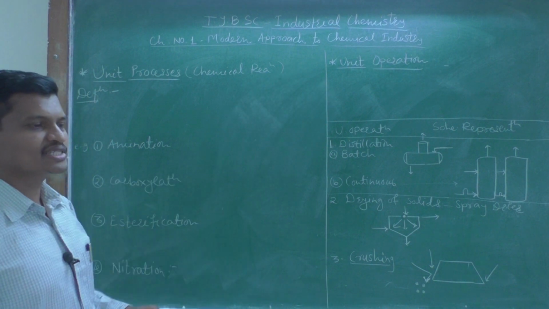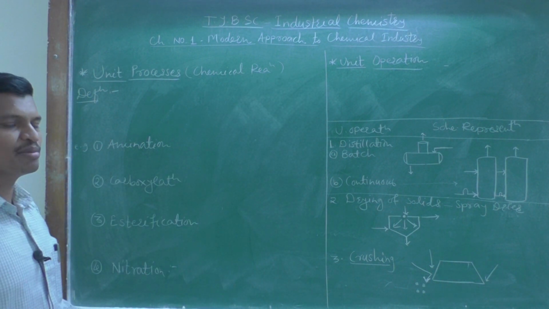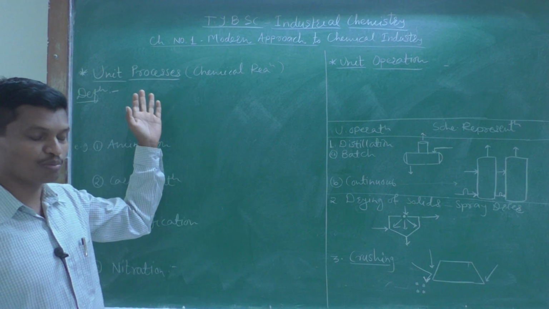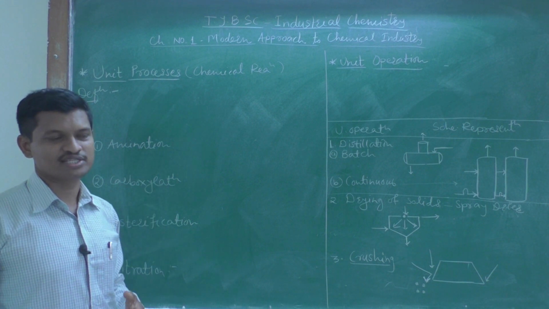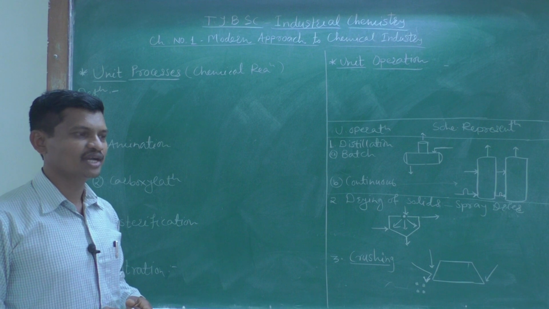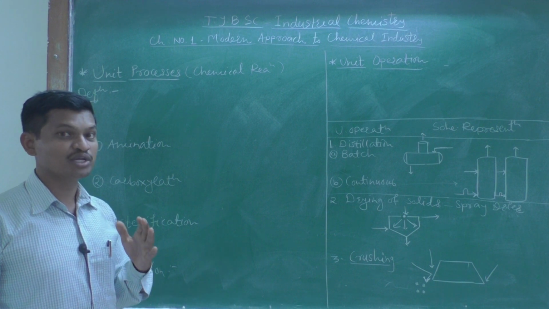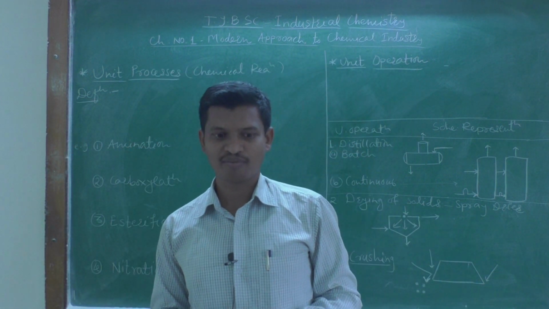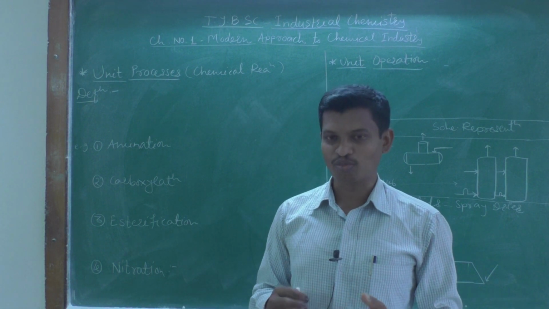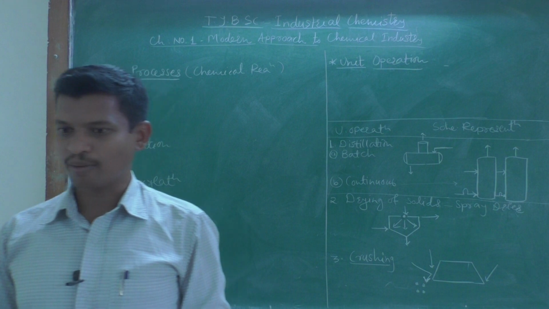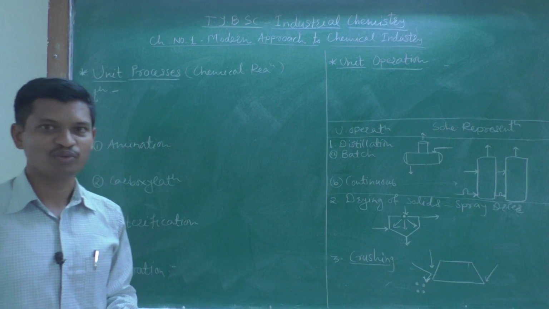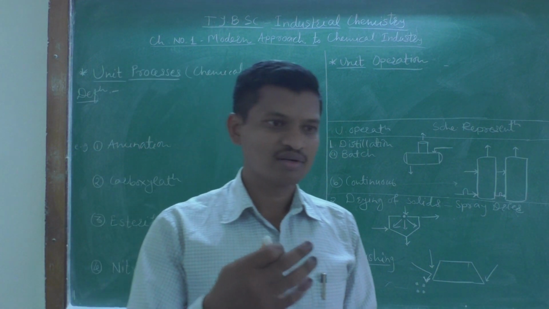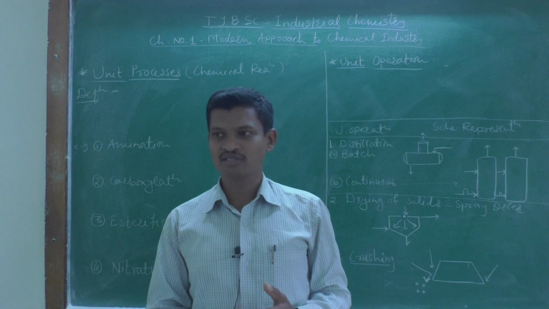Okay, then the next aspect in this chemical industry chapter is unit processes. So what is meant by unit processes? Let us see the singular form, unit process. Any process which is carried out in a chemical industry has specific conditions so that the starting material can be converted to the desired product.